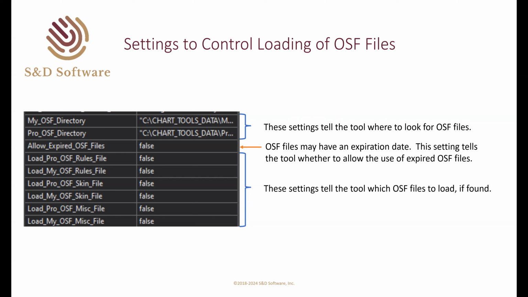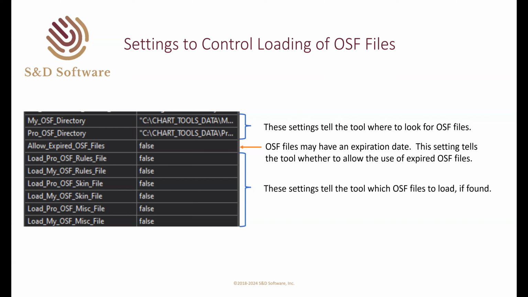Now, the next setting allows you to use OSF files that have expired. It is possible to create OSF files that have an expiration date. This is something that's almost never used, but it is possible. Let's say, for instance, you have an OSF file that takes advantage of seasonality, and when the particular season it's targeted at is over, you don't want to be using that OSF file anymore.